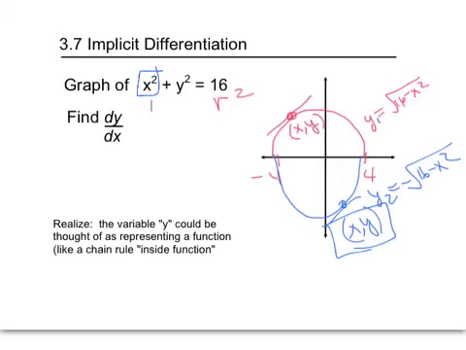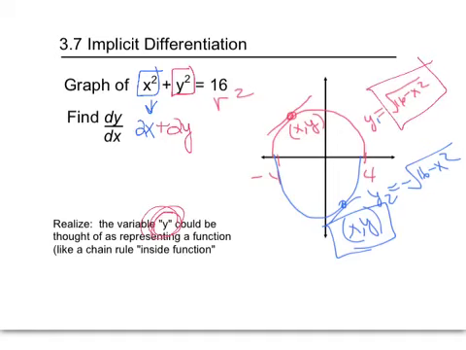So the derivative of x squared would be 2x. Now the derivative of y squared would be 2y. However, remember, y is a function. It's an inside function. In this case, y is the square root of 16 minus x squared. So we're going to tack on the derivative of y. That's called the chain rule.